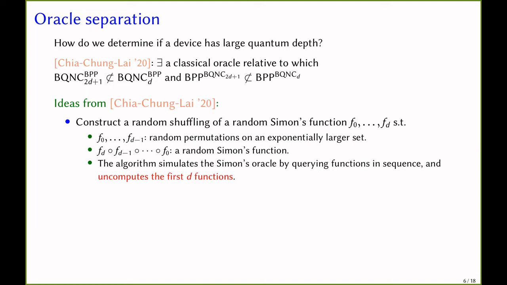It is a tuple of D plus 1 functions such that the first D functions are just simply random permutations acting on a set that is exponentially larger than the domain and the range of the Simon's function. And then when you compose the D plus 1 functions in a certain order, it gives a random Simon's function.